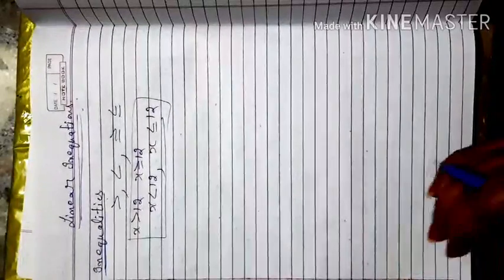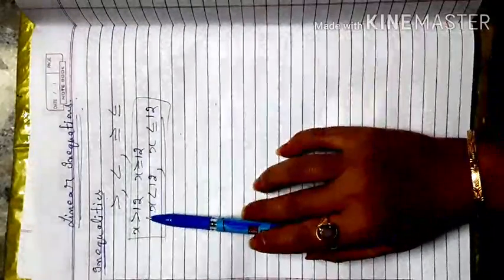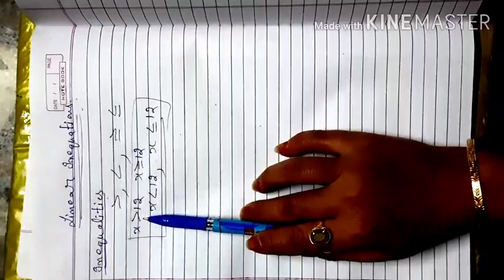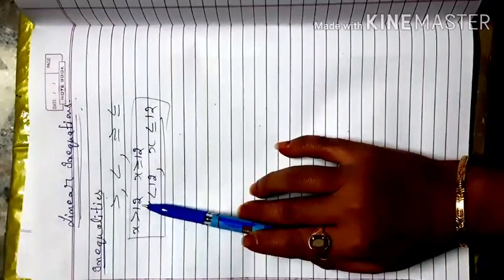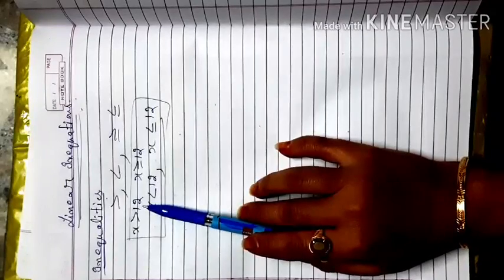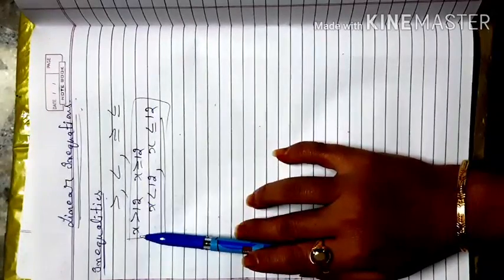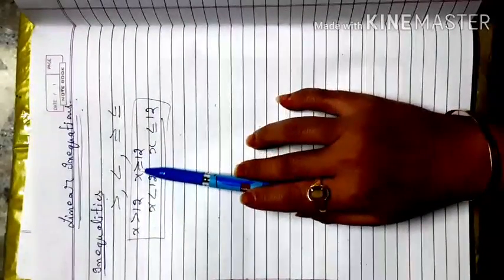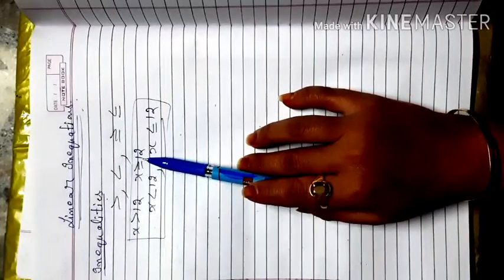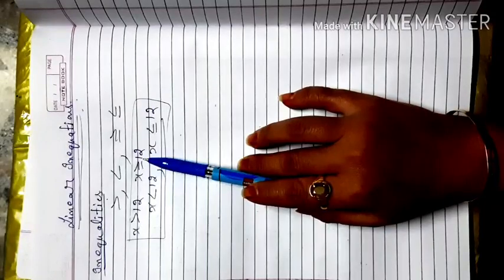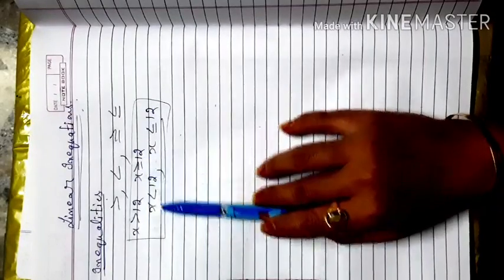In linear inequations, you have to concentrate on the signs. Greater than means 12 is not included, and all values greater than 12 are considered as x values. If it is written greater than or equal to, then 12 is also included, and all values greater than 12 are included in x also.